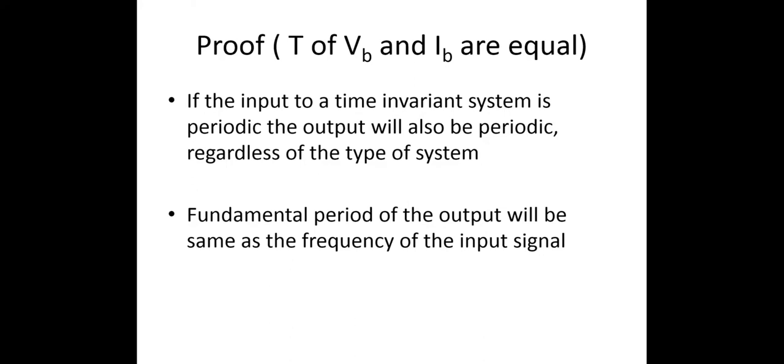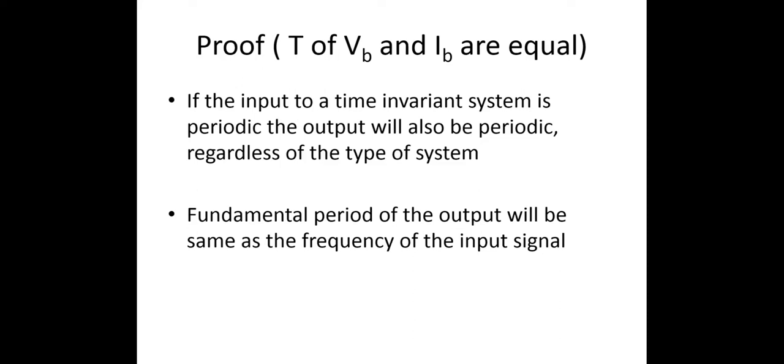We return back to the discussion on harmonic distortion in power amplifiers, and there we stated that if the input to a time invariant system is periodic, the output will also be periodic regardless of the type of the system. And as we discussed over there, as far as the time period of the input signal is concerned, the transistor can be considered as a time invariant system, as the characteristic of a transistor will change only over a period of months or years.